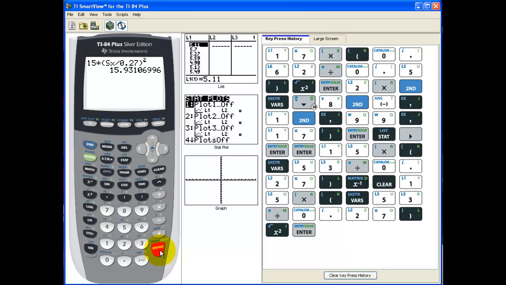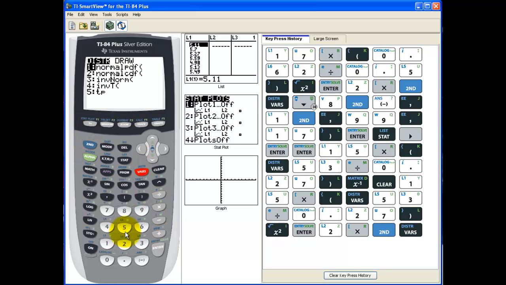Now again, if you wanted to do this using the p-value, you could do it as follows. You would have to double that tail area, so you would take 2 times, and you go back to the distributions menu. Number 8 is the chi-squared CDF. And again, this would be a right tail because the test statistic is closer to the right value than it is to the left value. So go with that.